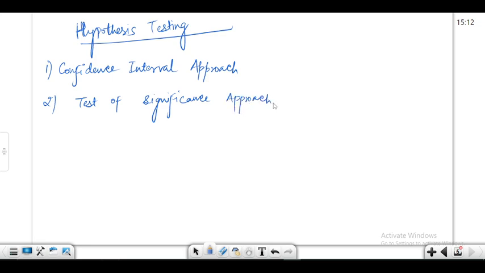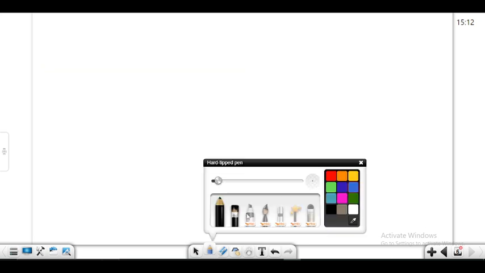These are the two ways through which we'll try to test a hypothesis. Let's talk about the first approach, the confidence interval approach.